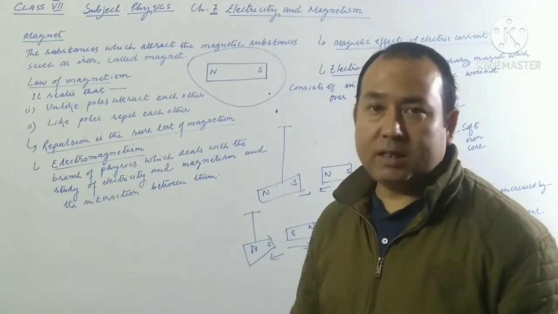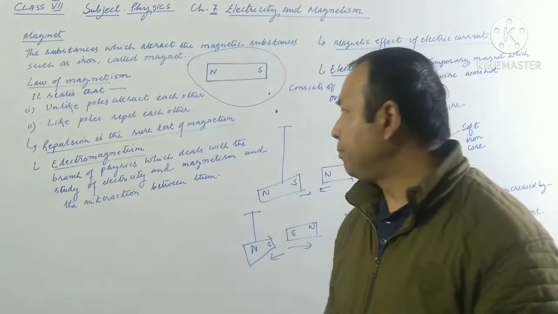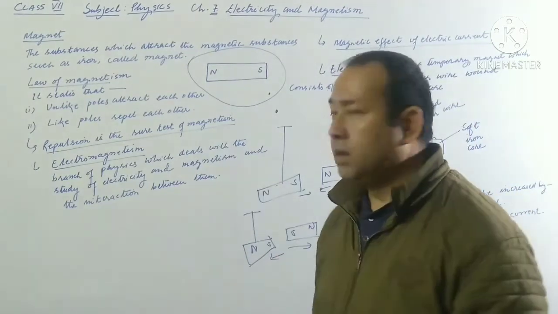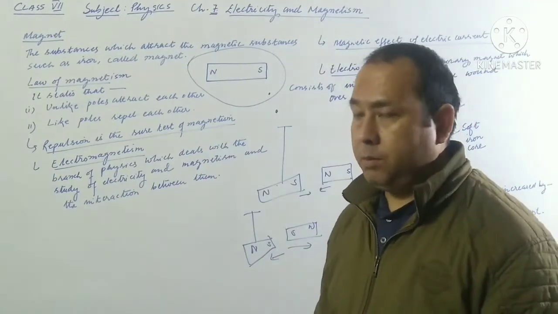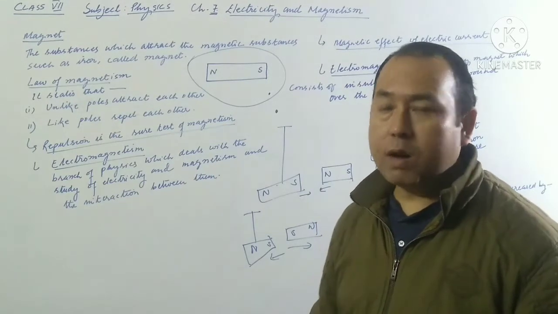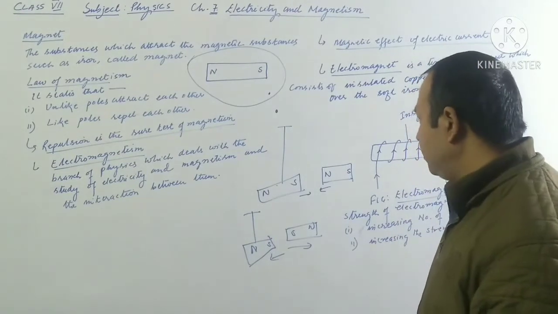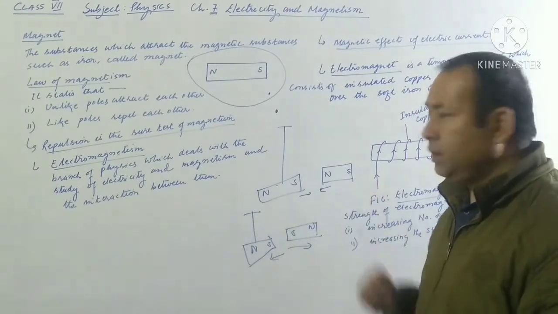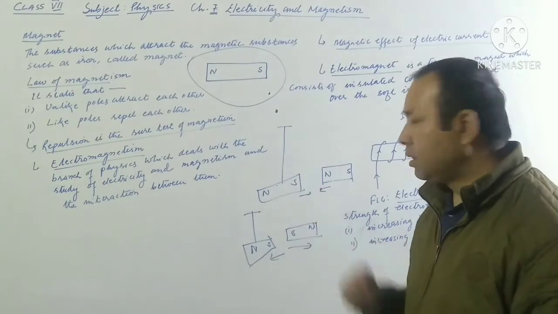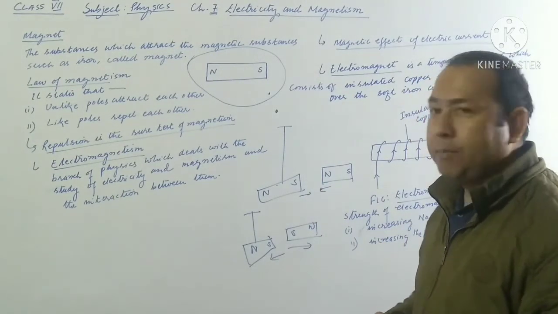The next important point is that repulsion is the sure test for magnetism. If you want to test whether a substance is a magnet or not, we perform the same type of experiment: bring that substance close to another magnet.